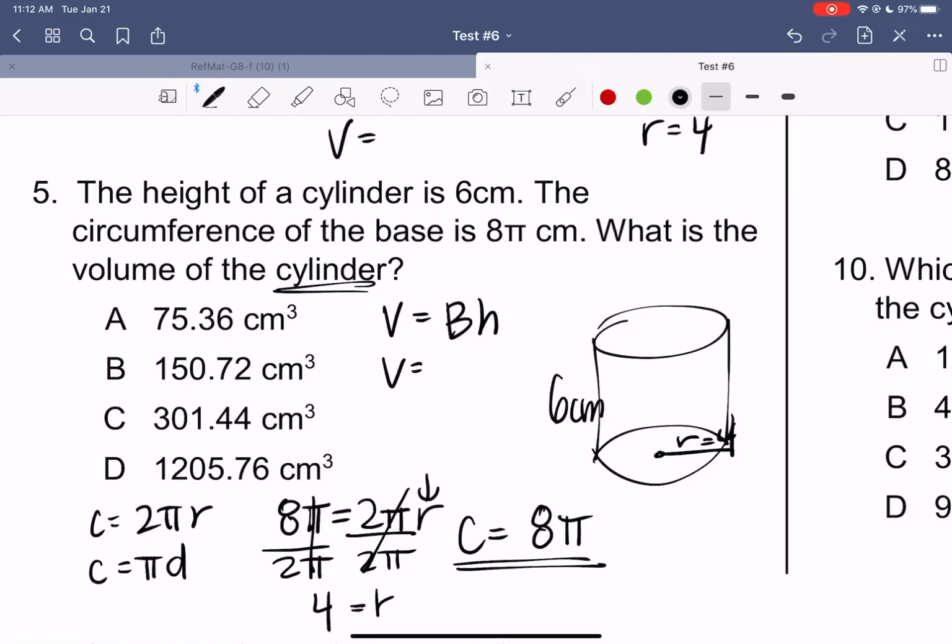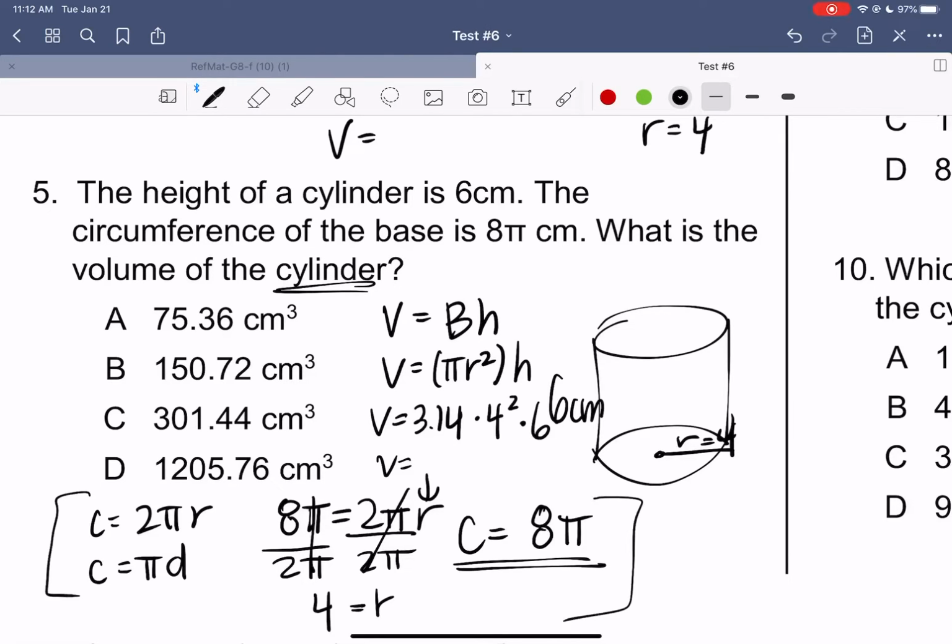From here we have pi radius squared for capital B, and then our height. So V equals 3.14 times 4 squared times 6. From there you'll be able to plug those in. So this initial one is how we solved for the radius.